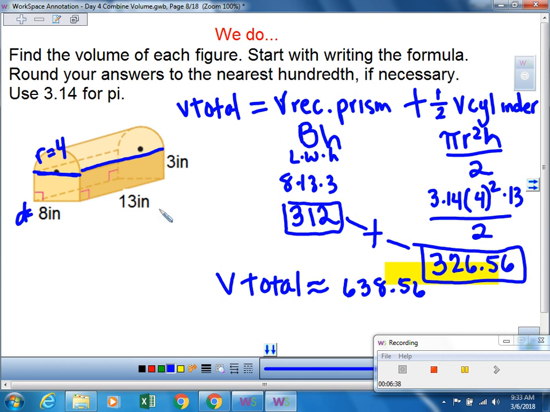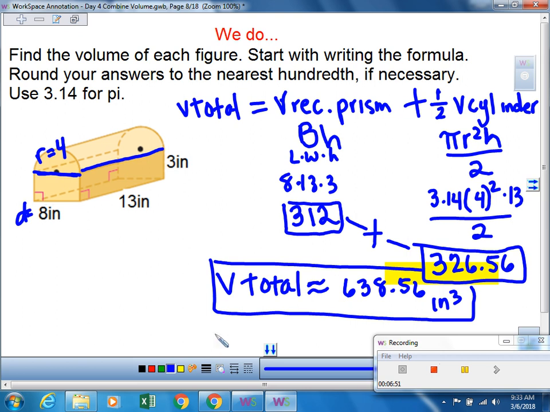What is it? Inches cubed. So here's your answer. Okay, so it's just like two shapes, finding two volumes, adding them together. Any questions on this?